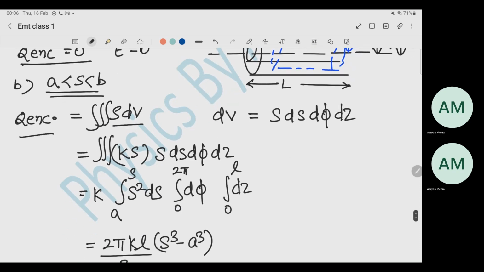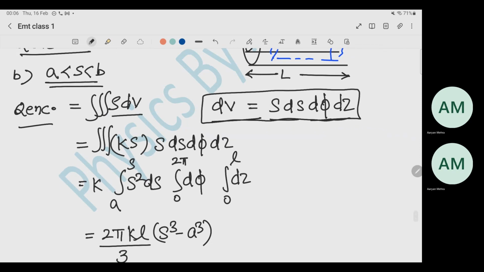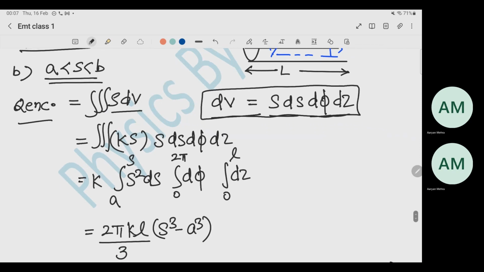It will be ∫ρ dV. Now what is dV in the cylindrical coordinate system? Now we are moving from the spherical coordinate system to the cylindrical coordinate system. So your dV will be s ds dφ dz. You can get these equations from the lecture which I have given on the cylindrical and spherical coordinate systems.